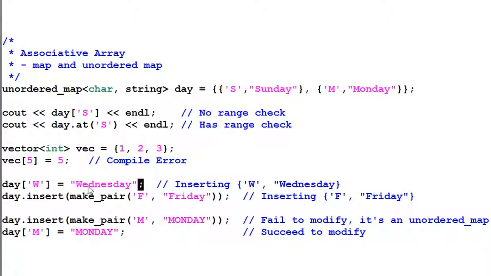So this is the same as calling the insert function with the pair. However, the insert function cannot be used to modify the existing elements in the container. So if I insert M, Monday, since M, Monday is already in there, this operation will fail.